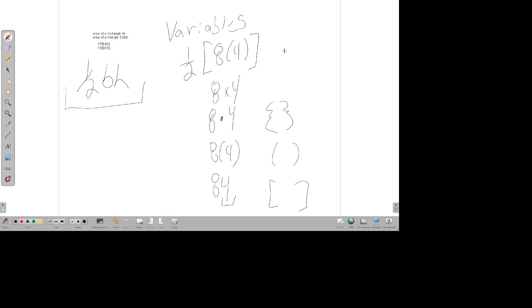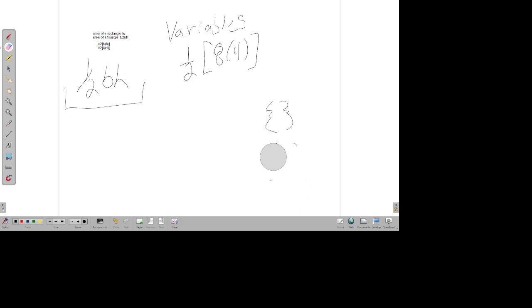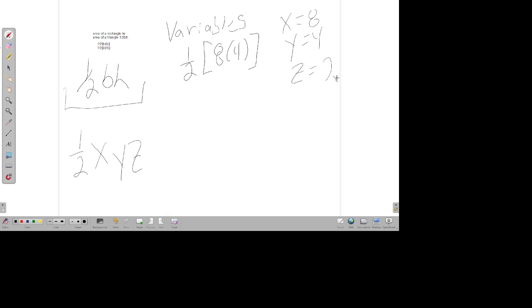But now let me do some erasing because my little whiteboard is all full. If I had a third variable and I was doing 1/2 x times y times z, then I could write that if x equals 8, y equals 4, z equals 2.